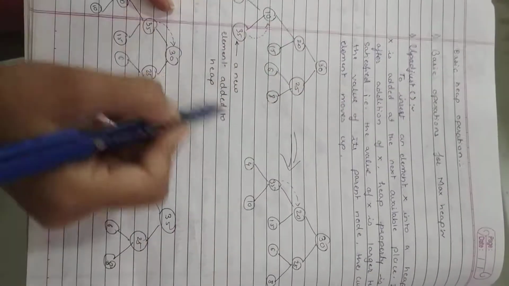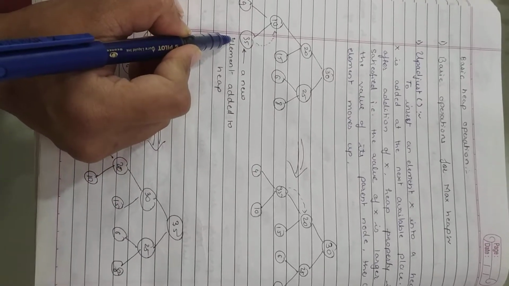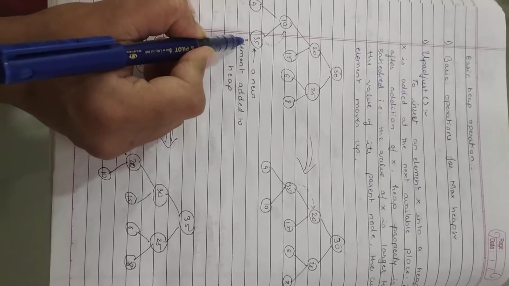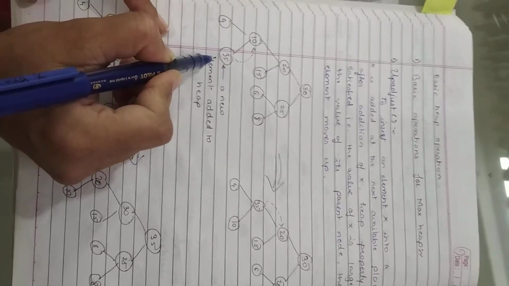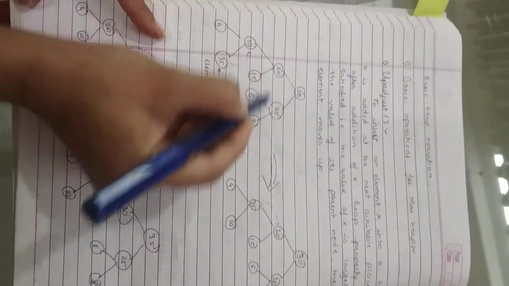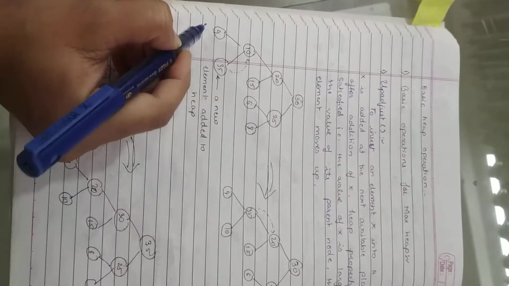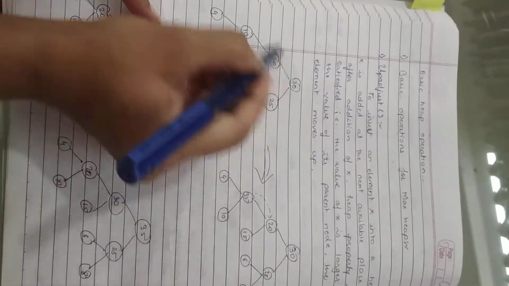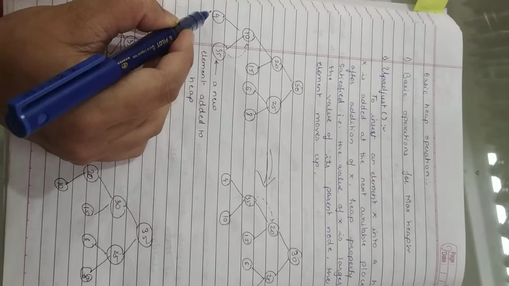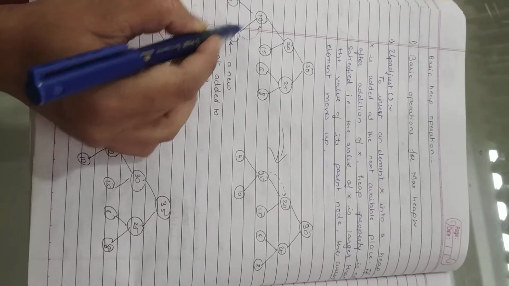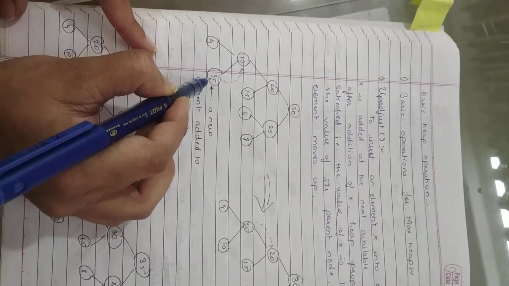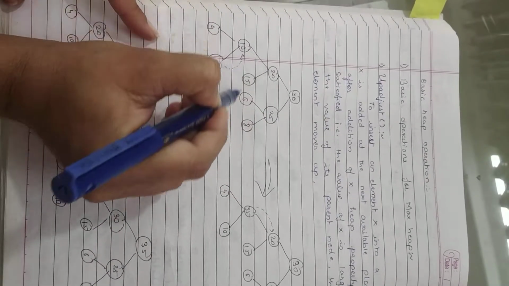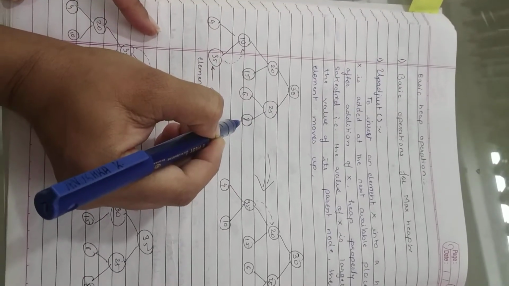To insert a new element into the tree, we have to insert it level by level from left to right only. Initially the left child is present for 10 but the right child is not present for 10. That's why 35 can be inserted here, because all the other locations are allocated by elements.